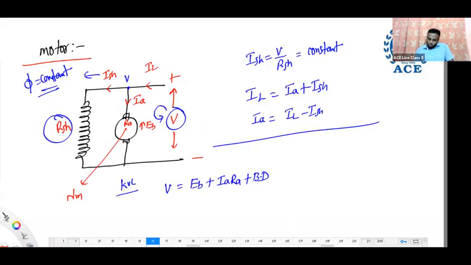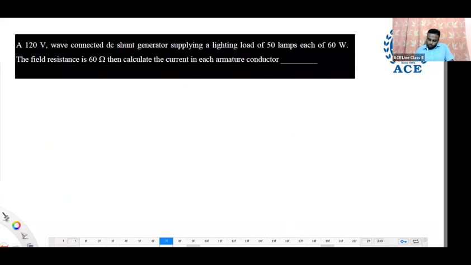See the questions on this. See this question. A 120 volt DC shunt generator is supplying a lighting load of 50 lamps, each of 60 watts.